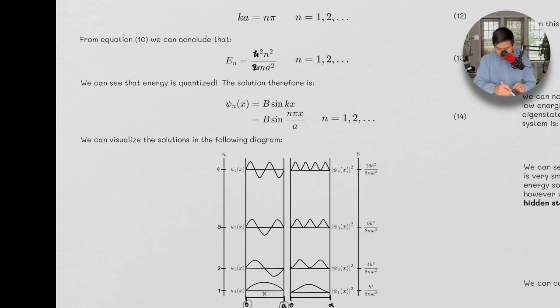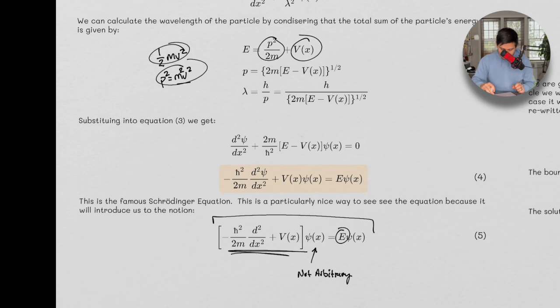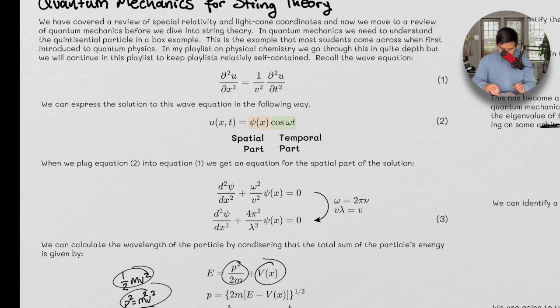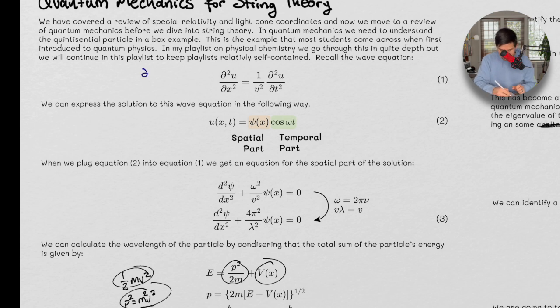So this thing is linearly independent from Y, and the reason for that again is because this thing right here, when we consider all three dimensions, is going to be d squared/dx squared plus d squared/dy squared plus d squared/dz squared.